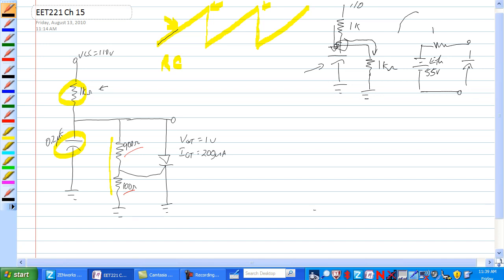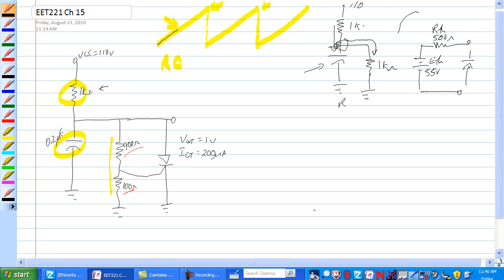And in order to do the RTH part of it, you remove the load and you look at the circuit with the voltage source shorted to ground. If it was a current source, you'd open it, and voltage source, you short it. So if this is hooked to ground, that would give us a circuit that looked like we had two 1K ohm resistors in parallel. So RTH is 500 ohms.